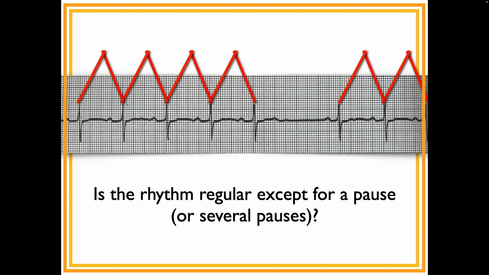The answer is no, because there's this odd pause in the middle. So underlying might be regular, but as a whole, no, it's not. And so is the rhythm regular except for a pause, or maybe a couple of pauses? That's one way for it to be irregular.